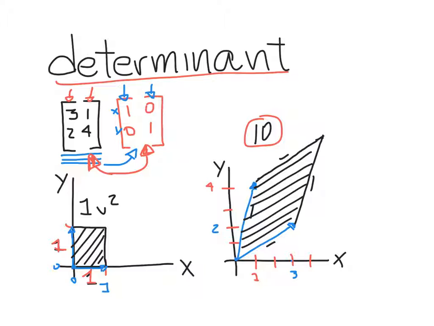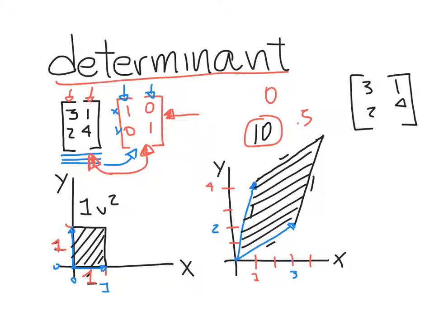The determinant could be 10, could be 0, could be 0.5. This will just show us how larger or smaller it is compared to a 1 by 1 matrix. Okay, so how do we calculate this? In this case, the 2 by 2 matrix is very easy. 3, 2, 1, 4.